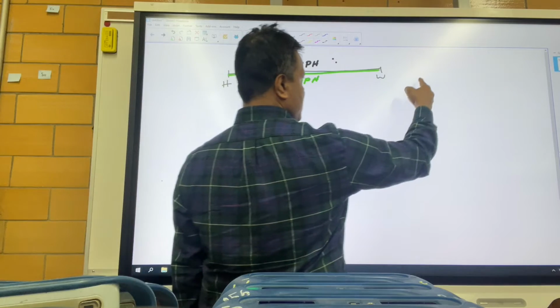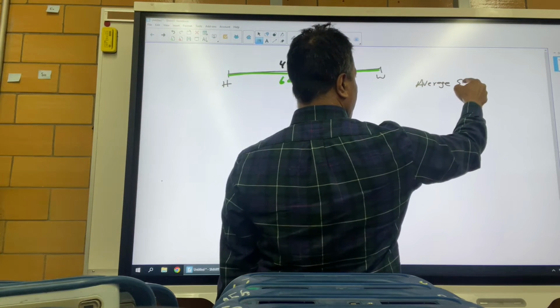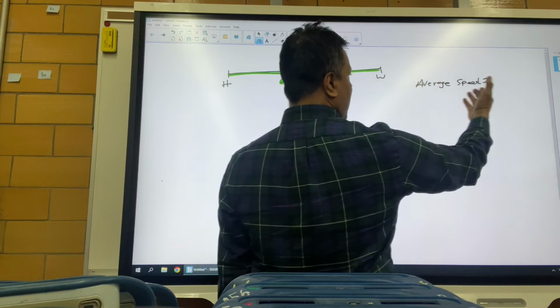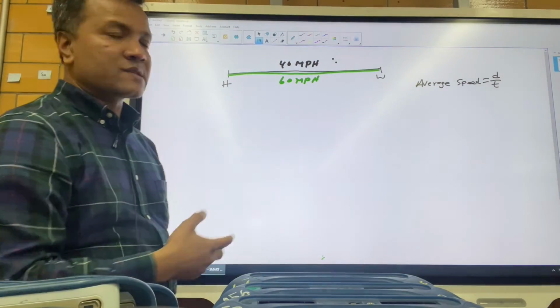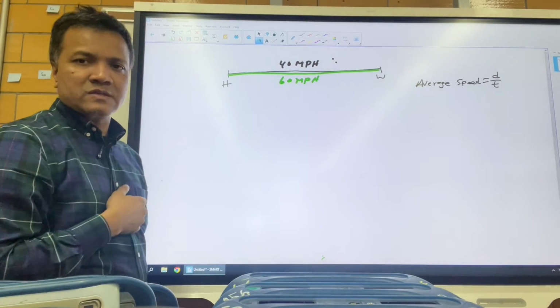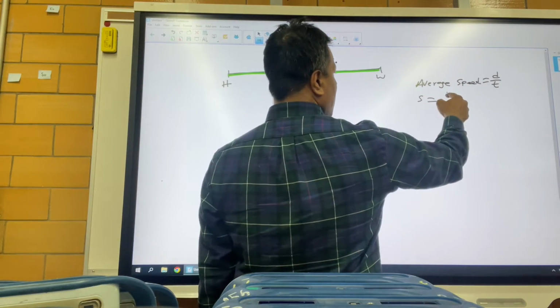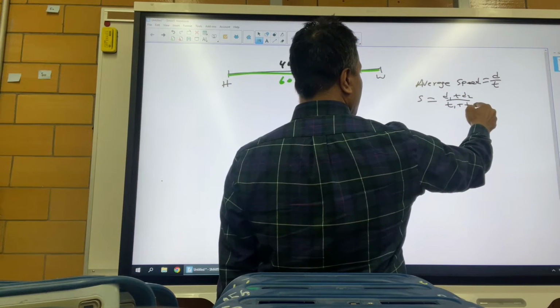To find the average speed, average speed is distance over time. So you have two types of distance. You have the black distance and the green distance. So we're going to say speed is d1 plus d2 over t1 plus t2.